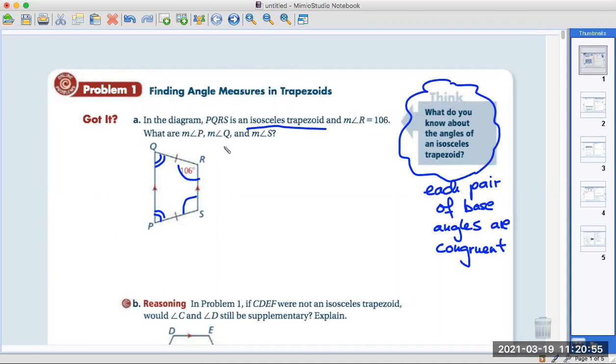So here's the clue what we're going to do. First, we're going to find the sum of all interior angles. You might already know it because you've done homework on a previous lesson where you had to find the sum.